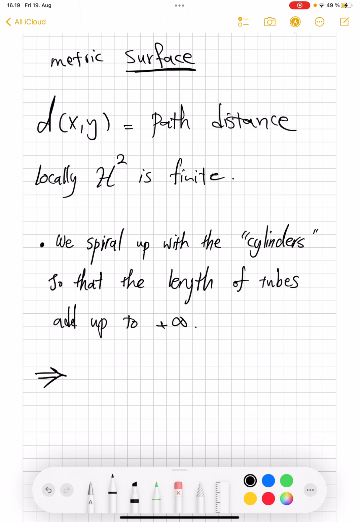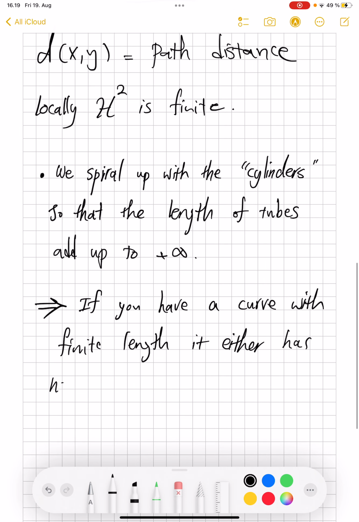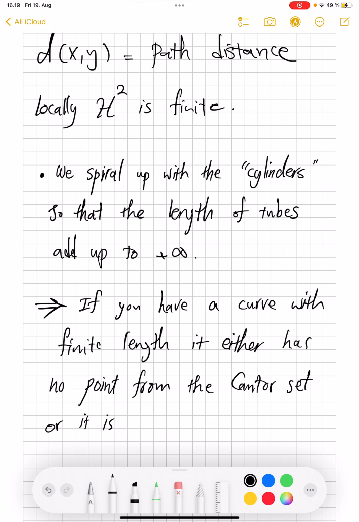As a result of this, if you have a curve with finite length, it either has no point from the counterset on the very top. The counterset is kind of the end of this space. So either it picks no points from there, or it is a constant curve.